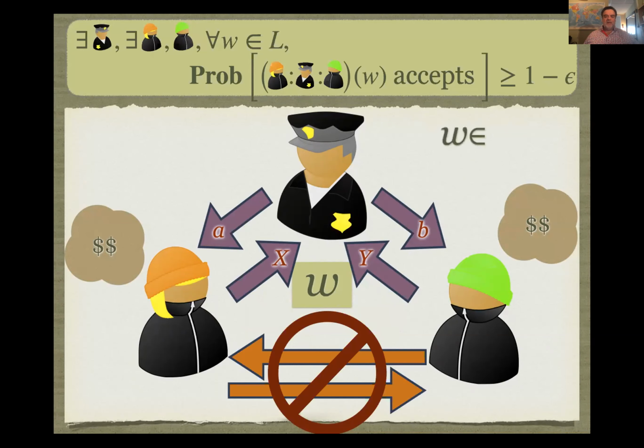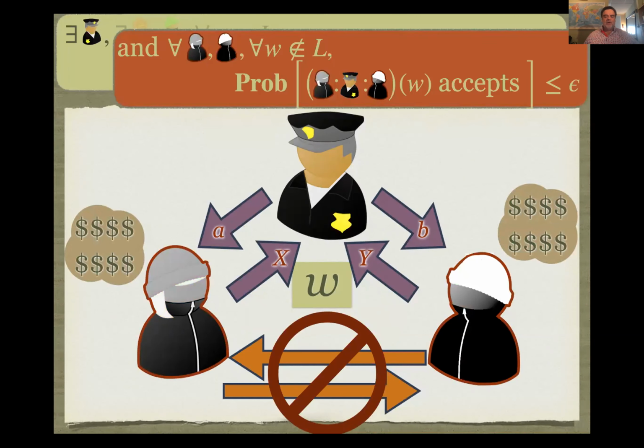And we want soundness, that whenever the string is not in the language, then the acceptance probability should be quite small, whatever the provers do. So even dishonest provers cannot get the verifier to accept. Now, this model has an assumption that during the run of the protocol, the provers cannot communicate.